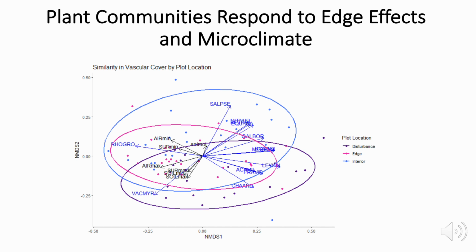Maybe Chamerion angustifolium is also associating with disturbance, and Salix pseudomyrsinites with the interior. We can also see some of those veg vectors associating with each other. Again, these are just the top 15 or so vectors as far as their influence, so there might be others that we would see if we look at the other 180.